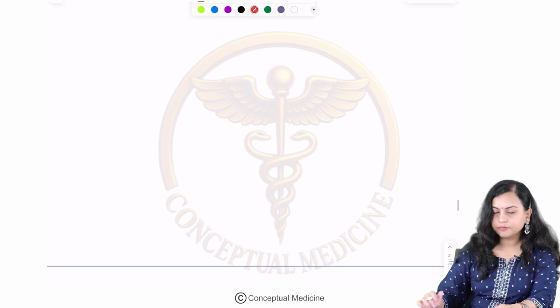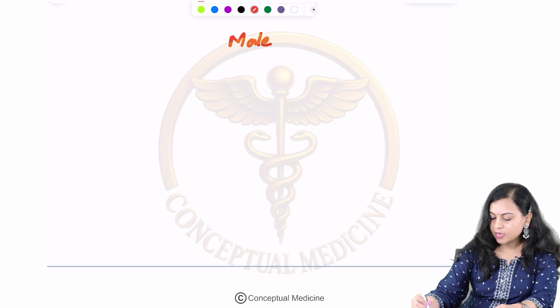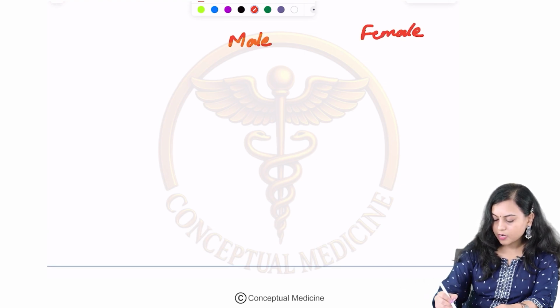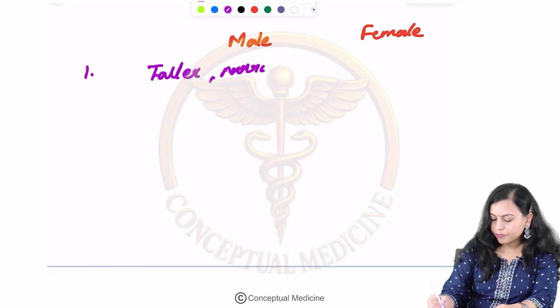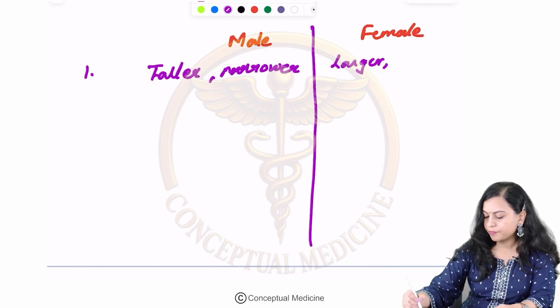Now coming to the difference between male pelvis and female pelvis. The first point, general appearance of male pelvis. General appearance of male pelvis is taller and narrower, whereas female pelvis is larger and broader.